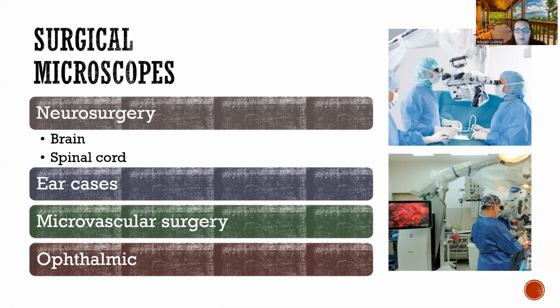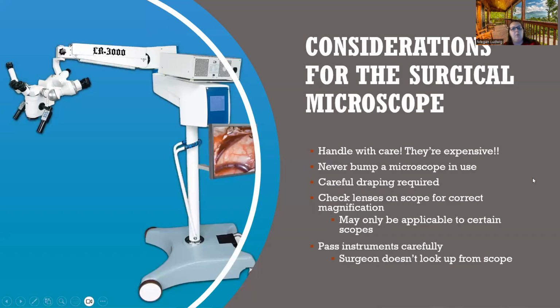On the other side, and often you can still hook it up to an extra monitor so everybody else in the room who's not directly under those eyepieces can see what's happening. That's important for everybody to know what's going on because it's really hard to see sometimes down in maybe a small incision.